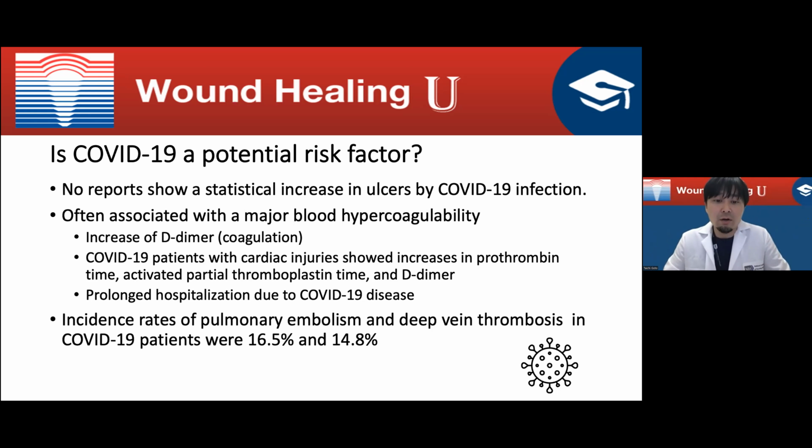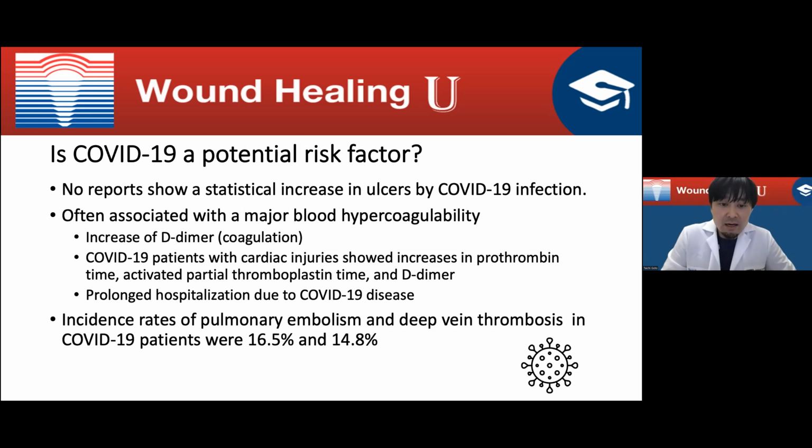But as you may know, COVID-19 disease is often associated with major blood hypercoagulability, as shown by an increase of D-dimer, which is one of the coagulation biomarkers. And another study reported COVID patients with cardiac injuries showed increases in other blood test results, like prothrombin time, activated partial thromboplastin time, and D-dimers.